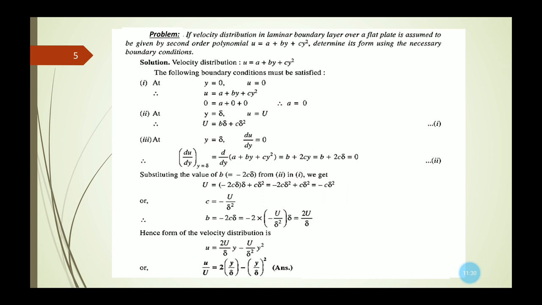In that case we need to remember the boundary conditions, or from our concept of boundary layer we can also implement those boundary conditions, and if we implement them successfully, then after several steps we will get the exact equation of the velocity profile.